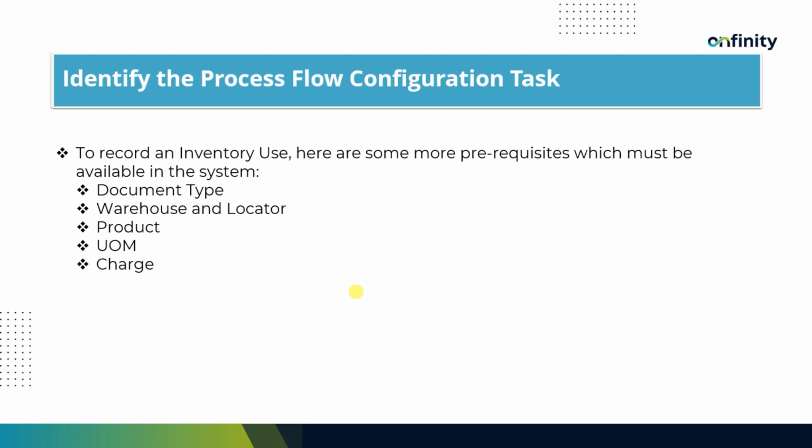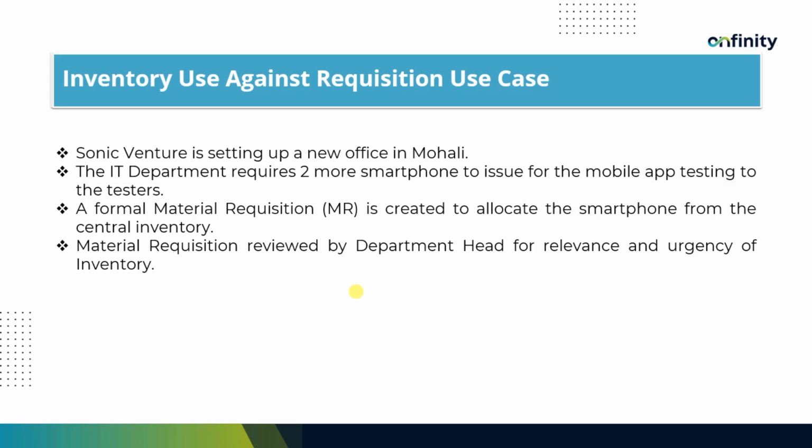These configurations are essential for generating unique document numbers, recording transactions accurately, and updating inventory quantities in real time. Let us now move forward to review the inventory use against requisition use case. We will understand a practical example to better understand how inventory use against requisition works, and examine, step by step, how this process is carried out in practice.